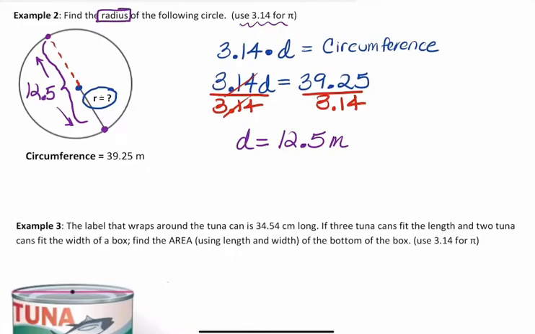How do we figure out the radius? We'll just take that number and divide it by 2. You can use your calculator, I don't mind. The radius equals 6 and 25 hundredths meters.